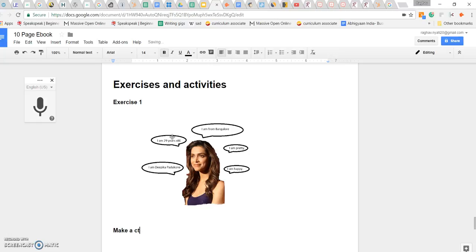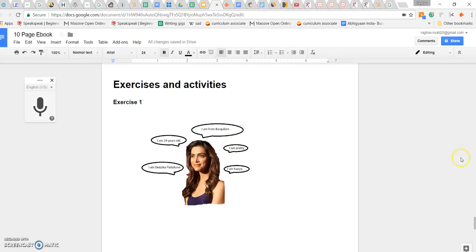Make a cartoon, or draw a picture, or speak for a minute. I don't know, these are random things I'm writing here, but something of that sort. It's again a brainstorming kind of thing, so you don't negate any idea, you just write whatever comes to your mind. The aim is simple. The student has to speak up about himself.